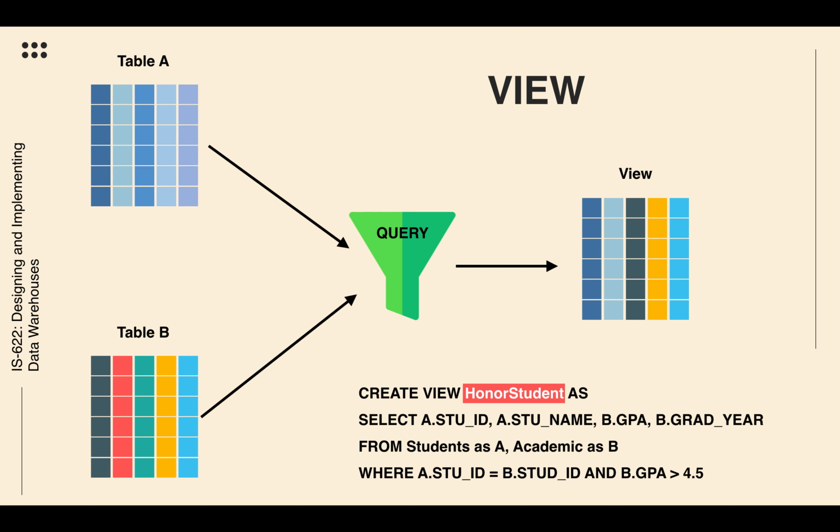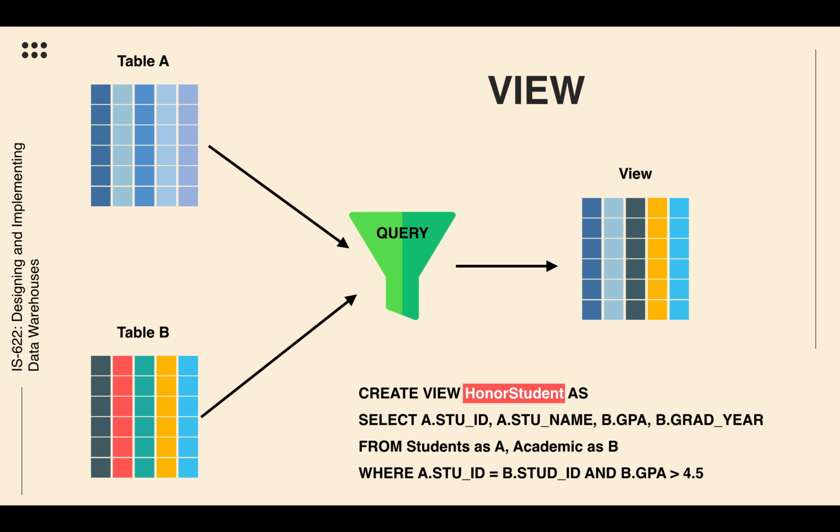As you can see, I'm using inner join, student A ID is equal to B student ID. So I'm just joining them based on the primary and foreign key. And I'm restricting them now by saying B.GPA is greater than 4.5, because honor students are those students whose GPA is more than 4.5. So this is how you create a view.